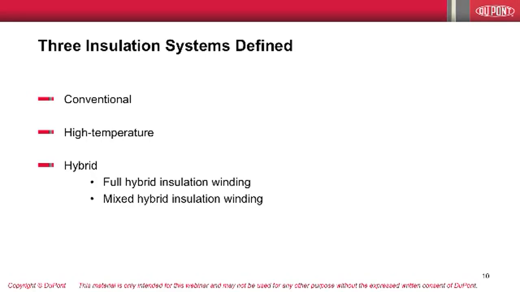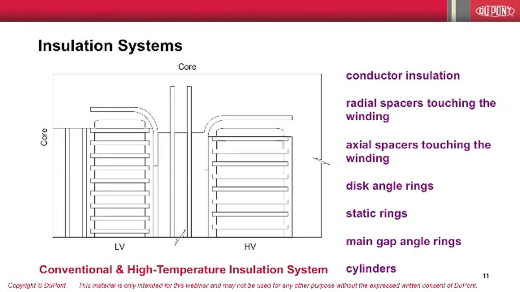The new standard also defines 3 insulation systems: conventional, high temperature, and hybrid. Hybrid has 2 variations: full hybrid and mixed hybrid. The next few slides will visually describe these 3 insulation systems. Conventional and high temperature are the simplest systems, and for clarity, a power transformer pictorial is used.